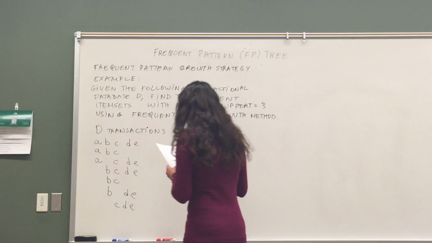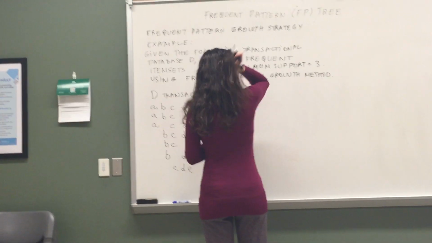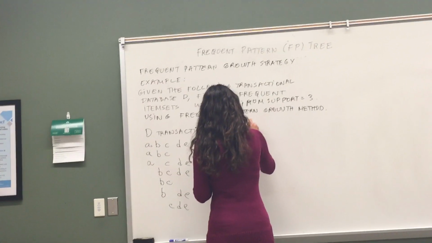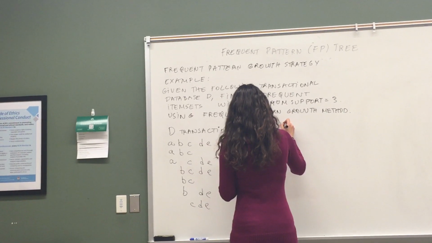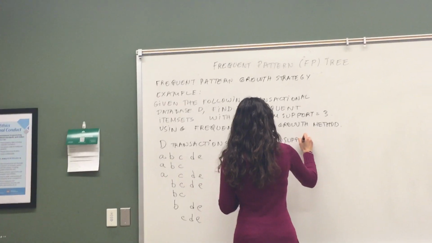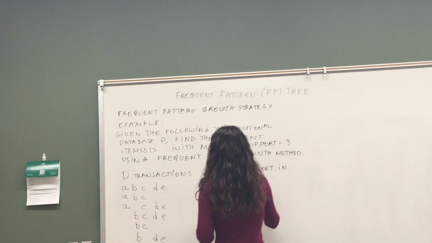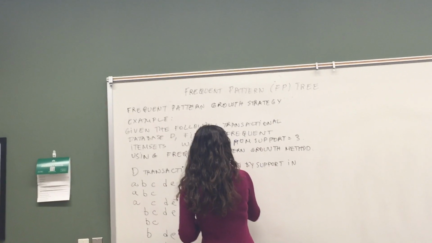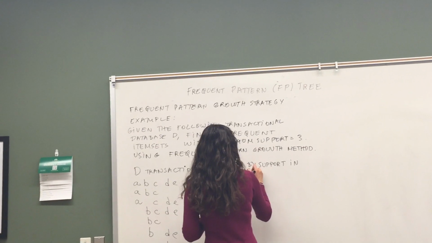So we need to find out the count because we want to sort by support in descending order.